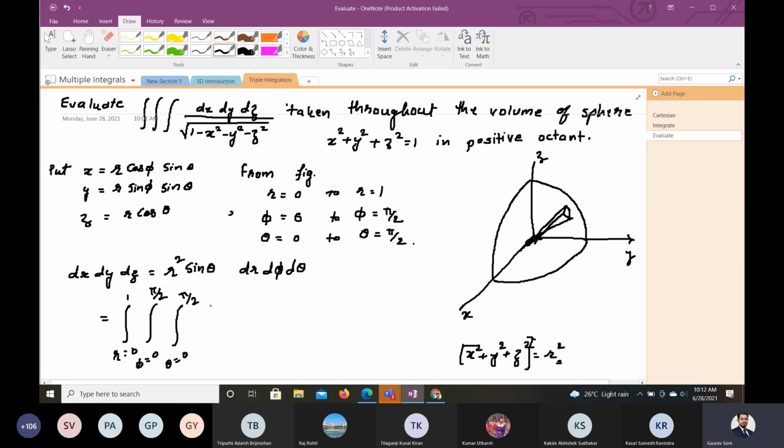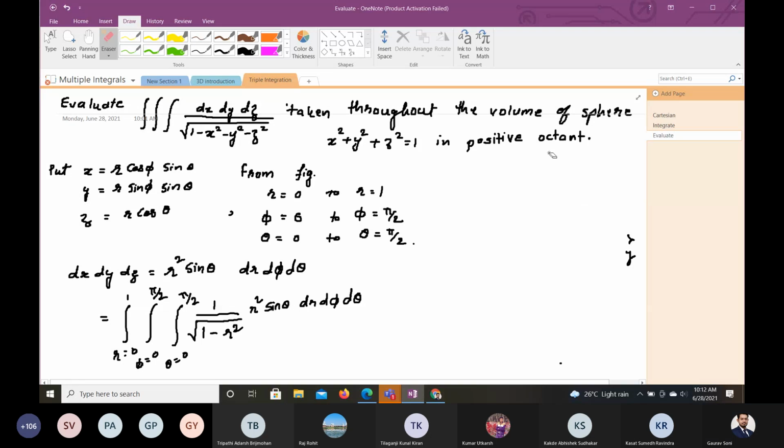We'll have 1 upon under root, yes, what will be that? 1 minus r square, exactly. How can we solve this integration? In 2 steps. I'll rub the diagram now. How to solve the integration? Anyone?